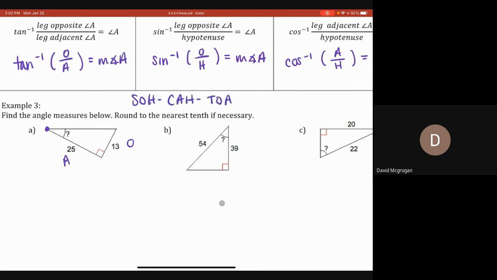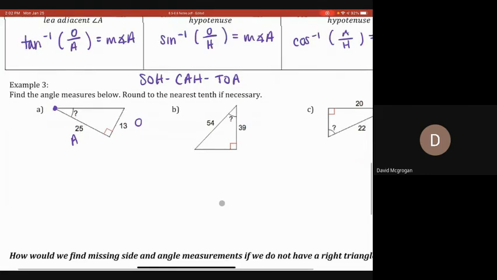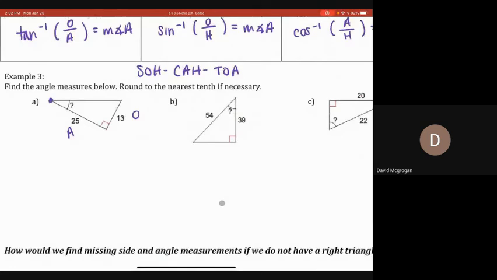So if you have your opposite side and your adjacent side, which ratio would we use? Tangent. This time we're trying to find an angle, so we just have to use inverse tangent instead. So you would set this up as inverse tangent of your opposite length, 13, over your adjacent length, 25, equals our missing angle measurement.